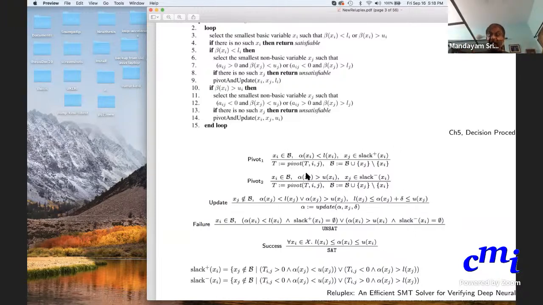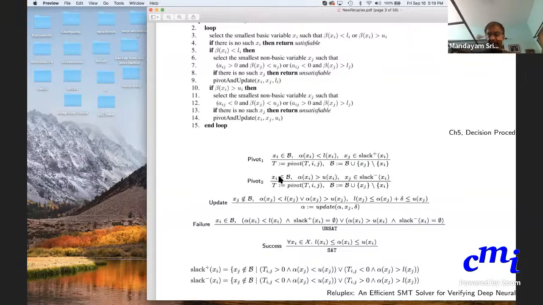So this exposition as inference rules allows a little more flexibility, but the standard procedure is you do a pivot and then you do an update. Check if it is success or failure. If not, then you go back to fixing the bound violation of one of the basic variables.